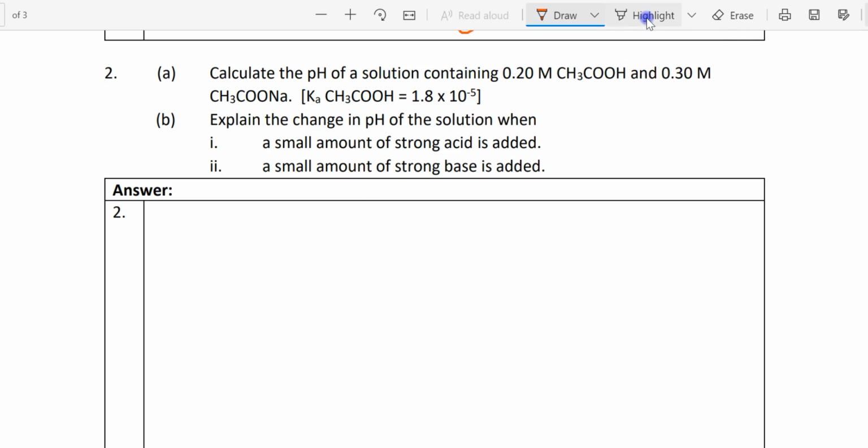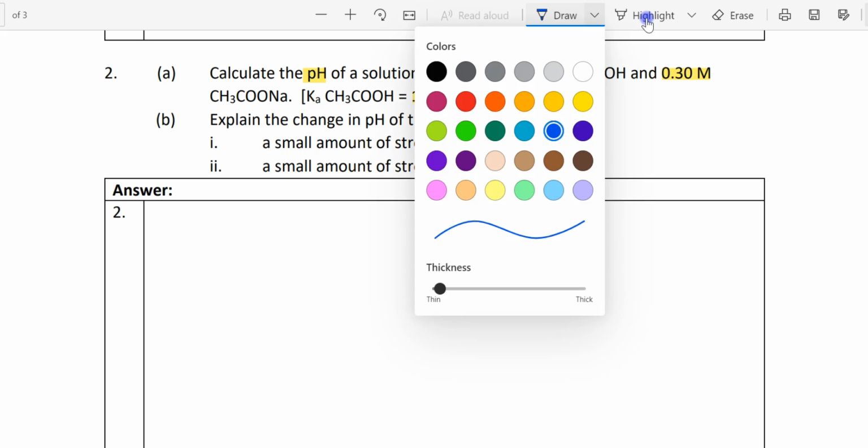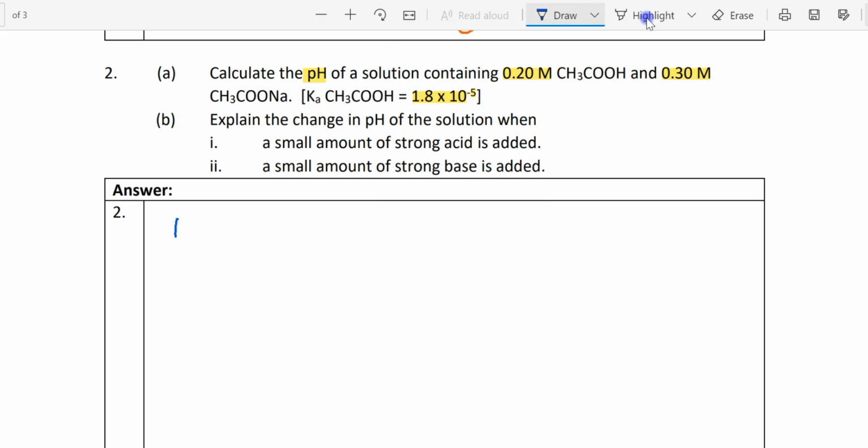Question number 2: calculate the pH of a solution containing 0.2 molar ethanoic acid and 0.3 molar sodium ethanoate, given the Ka value. What should we do? This refers to an acidic buffer solution. So first of all, you have to write the Henderson-Hasselbalch equation to calculate the value of pH.